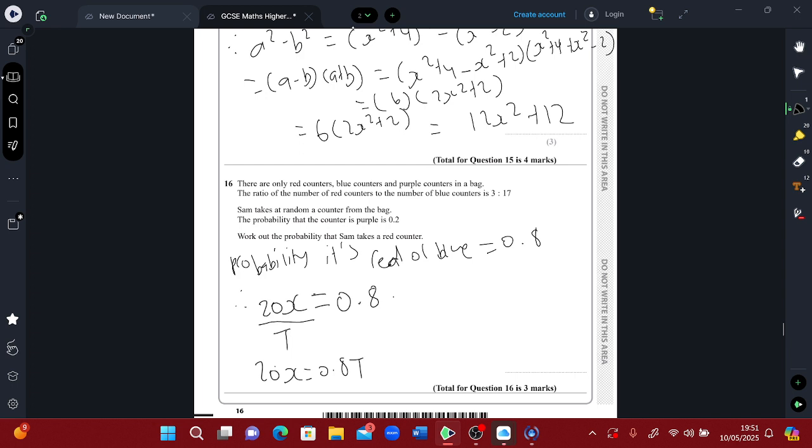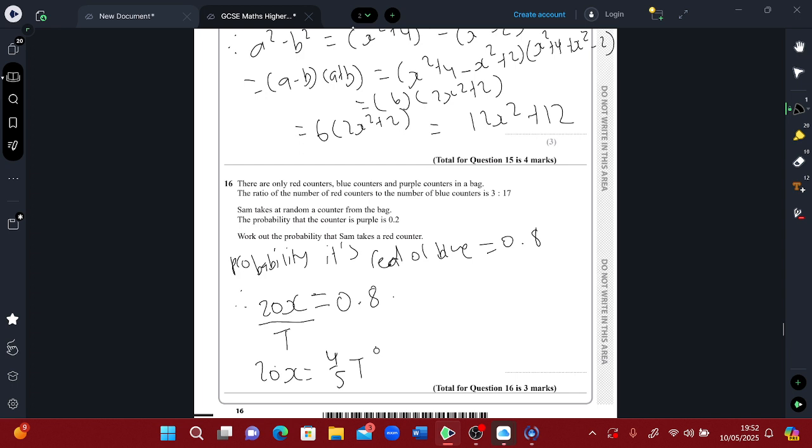So we can express the total counters in terms of how many blue or red counters there are. I should probably say let x equal the scale factor. Basically, x is the scale factor for how the ratio relates to the amount that you count there are. Anyway, that means 0.8t, which is also 4/5 t.